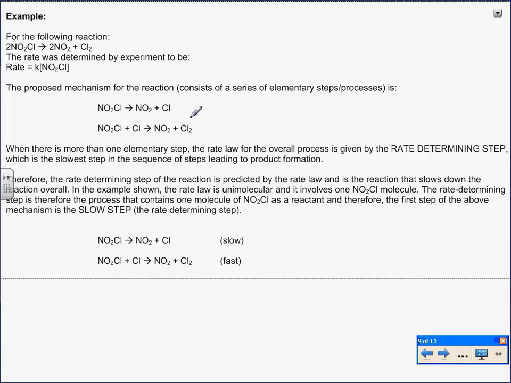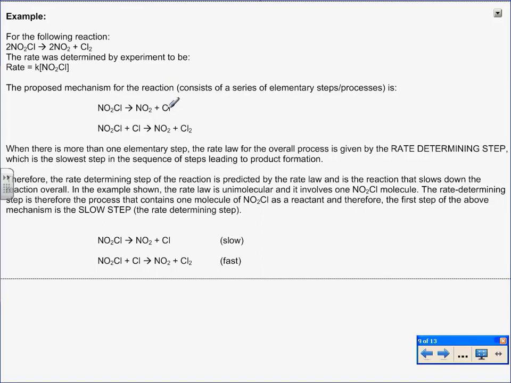From this information, we now can look back at our rate law and decide which of these steps is our rate determining step, or our slow step. It's the one that's basically controlling the overall speed of the reaction. Because the rate law involves one molecule of NO2Cl, we know that this first step is likely the slow step in the reaction.